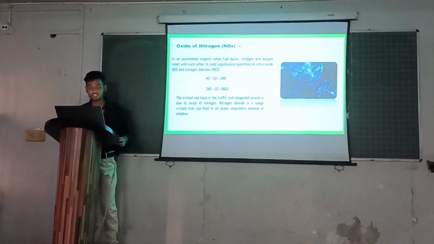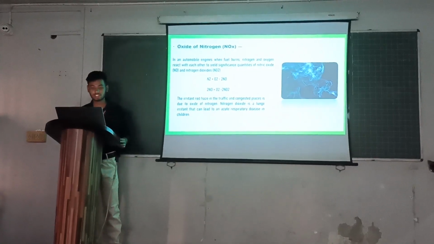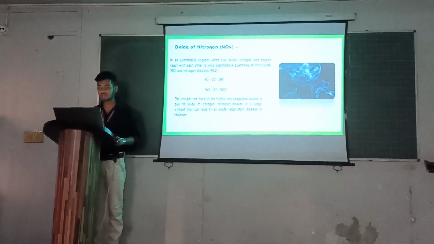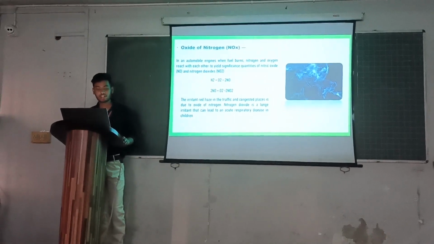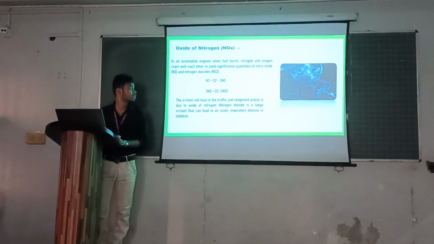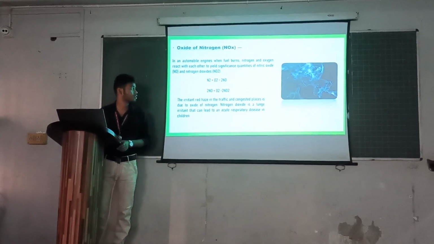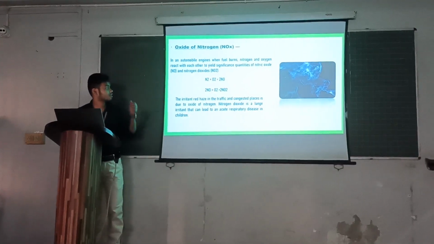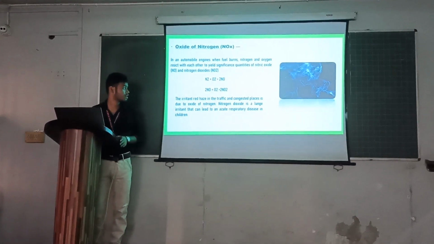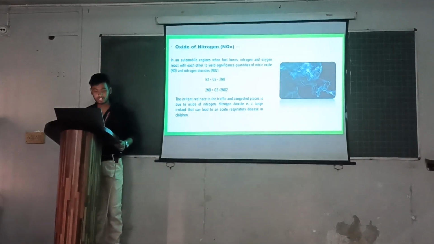Next is oxides of nitrogen. In an automobile engine, when fuel burns, nitrogen and oxygen react with each other to create significant quantities of nitric oxide and nitrogen dioxide. Here, nitrogen reacts with oxygen and forms nitric oxide, and again nitric oxide reacts with oxygen and forms nitrogen dioxide.